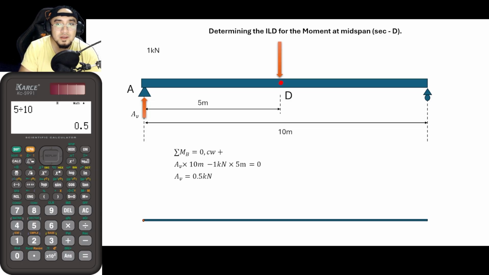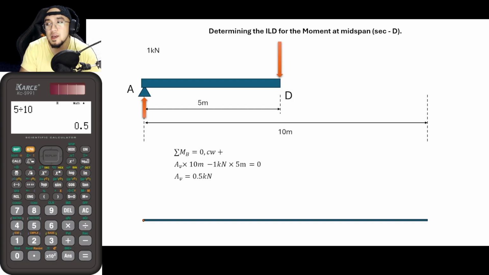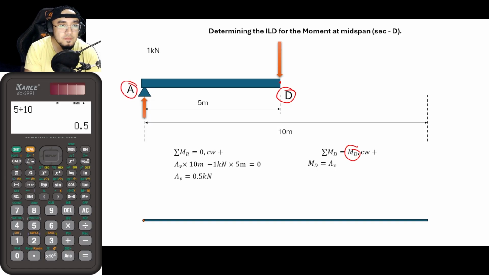So let us cut a section about this point, then disregard the other side, and let us get the moment about this position. If this is point D, the summation of moment at D is equal to MD already. So MD is equal to AV times 5 meters. So this is now the lever arm.